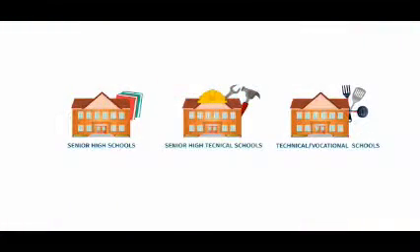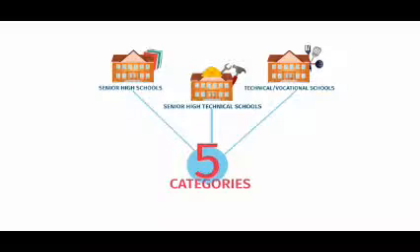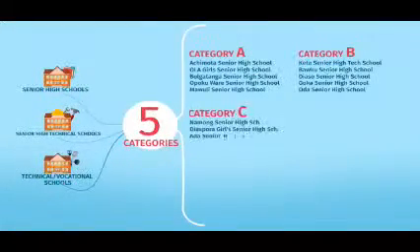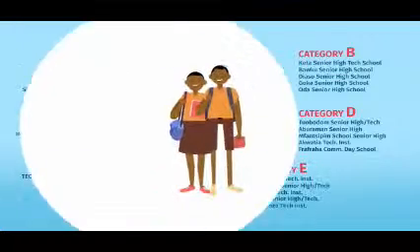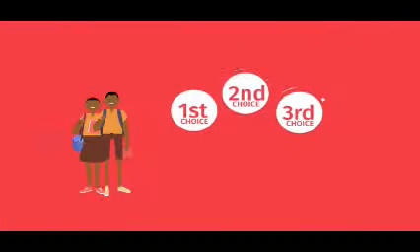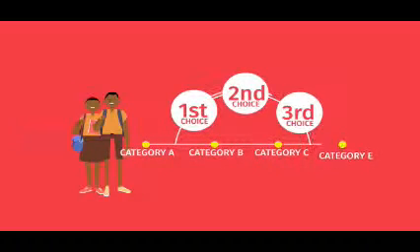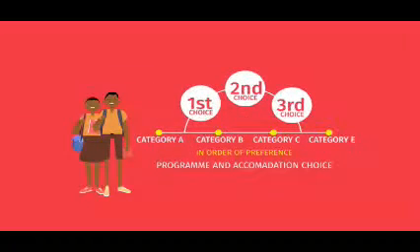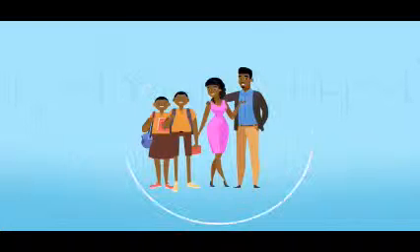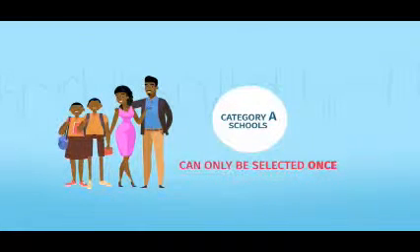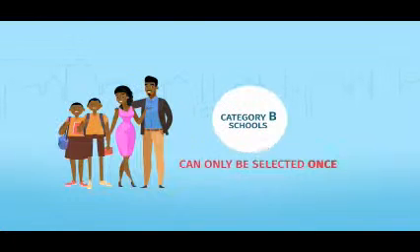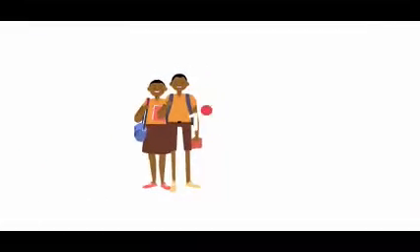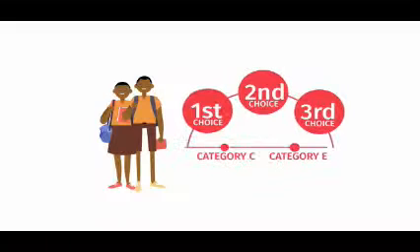All senior high schools and senior high technical and vocational schools in Ghana have been placed in 5 categories, namely Category A, Category B, Category C, Category D, and Category E. All candidates must choose their first, second, and third choices from schools in Category A, Category B, Category C, and Category E in order of preference.